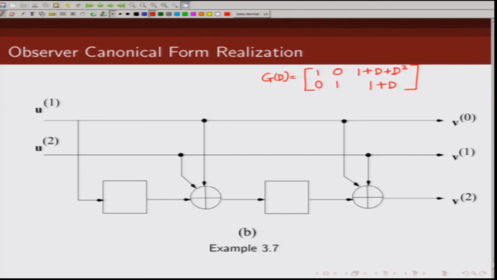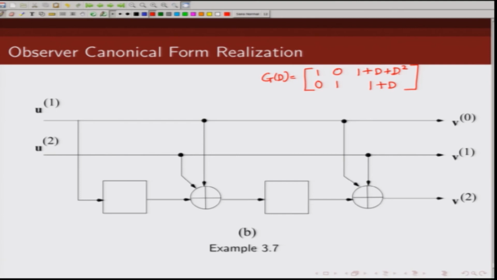For each column there is one set of shift registers. What is the maximum delay element here? 0. So, you can see directly. What about this? Again, the maximum degree of D is 0. So, there is no shift register. And here for the third one, the degree of D is 2, so we took 2.